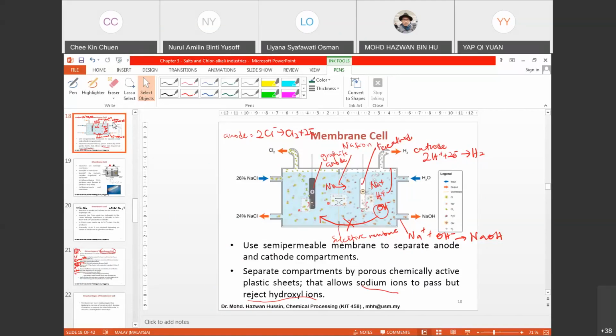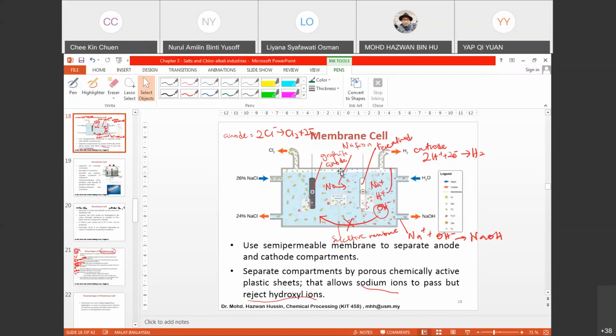But bear in mind that during the process, the sodium ion normally passes through the membrane to form sodium hydroxide.